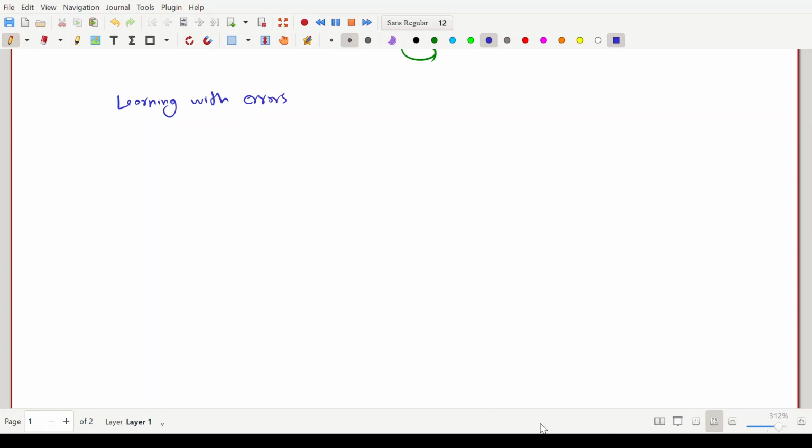So what is this LWE problem? This is called LWE. This was introduced in 2005 by Regev.